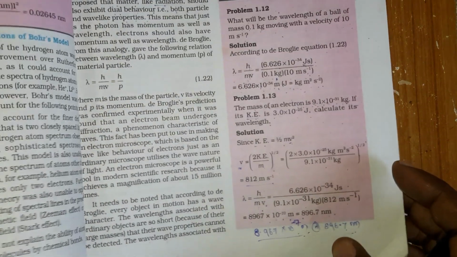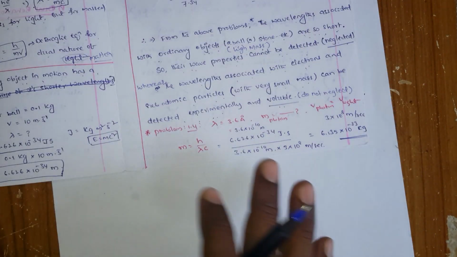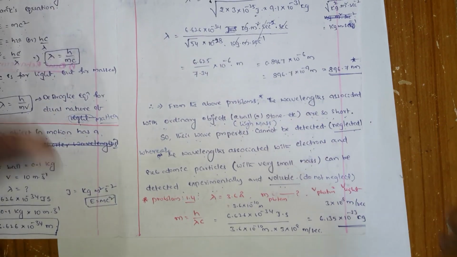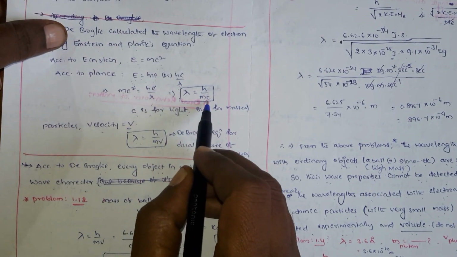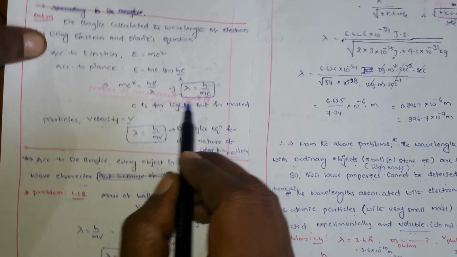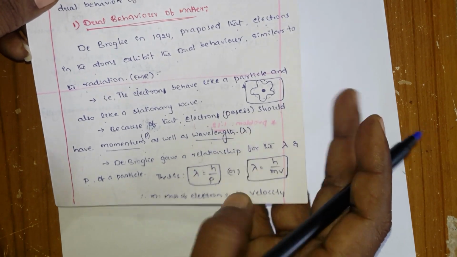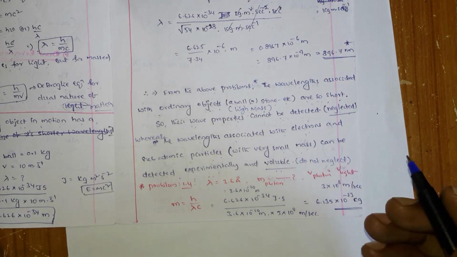So this is all about the de Broglie's dual behavior of matter. With this, finally what we are going to conclude is that the de Broglie equation gives the relation between the wavelength and the momentum. That is, lambda is equal to h by p.